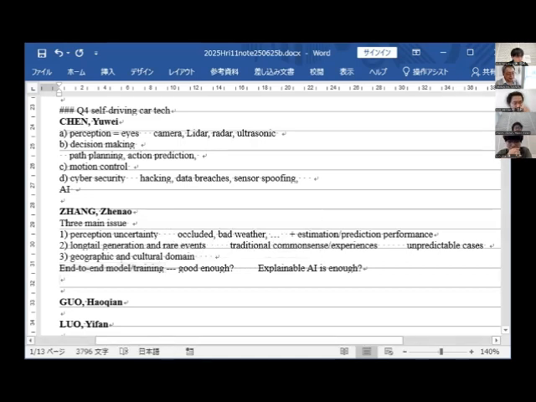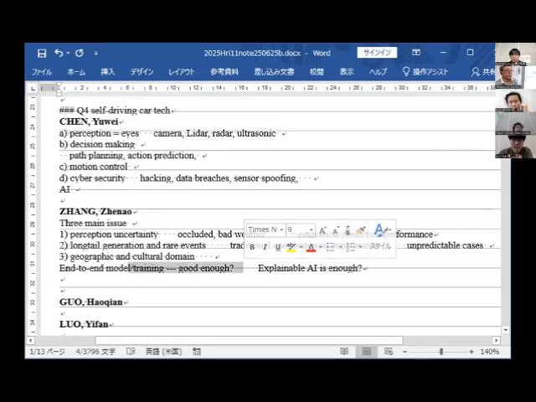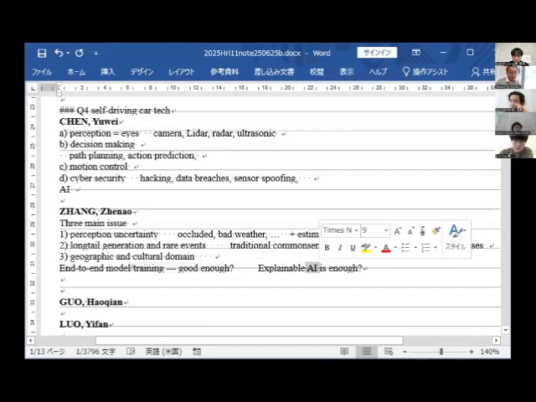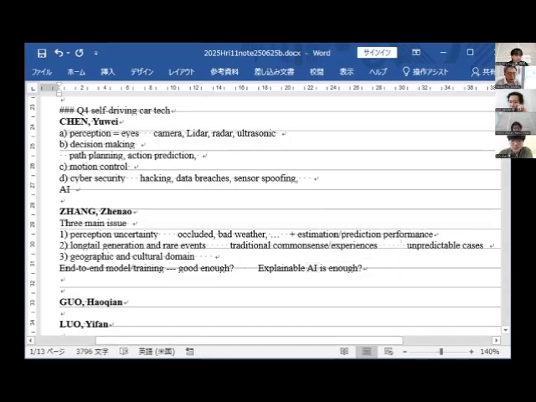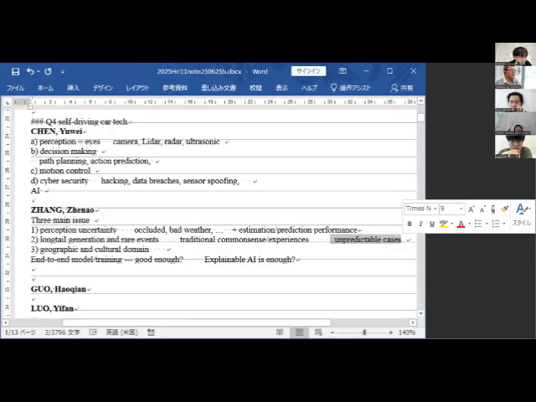But the simulation environment also has some limitations, of course. Of course, the most typical point of AI systems is that they are based on training data.